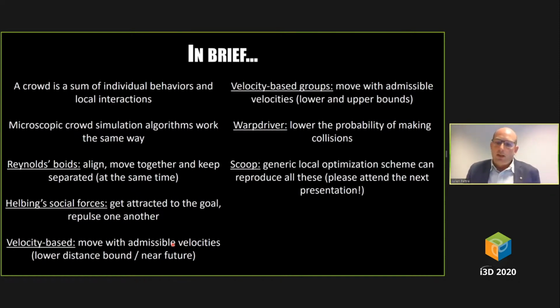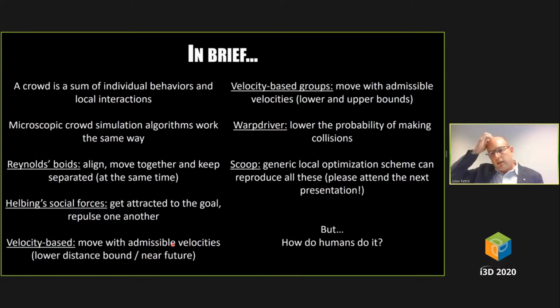And Scoop, the next talk after this keynote, will be dedicated to a generic technique to imitate all these previous techniques with a single framework. So please stay tuned after the keynote and check the presentation of OP.